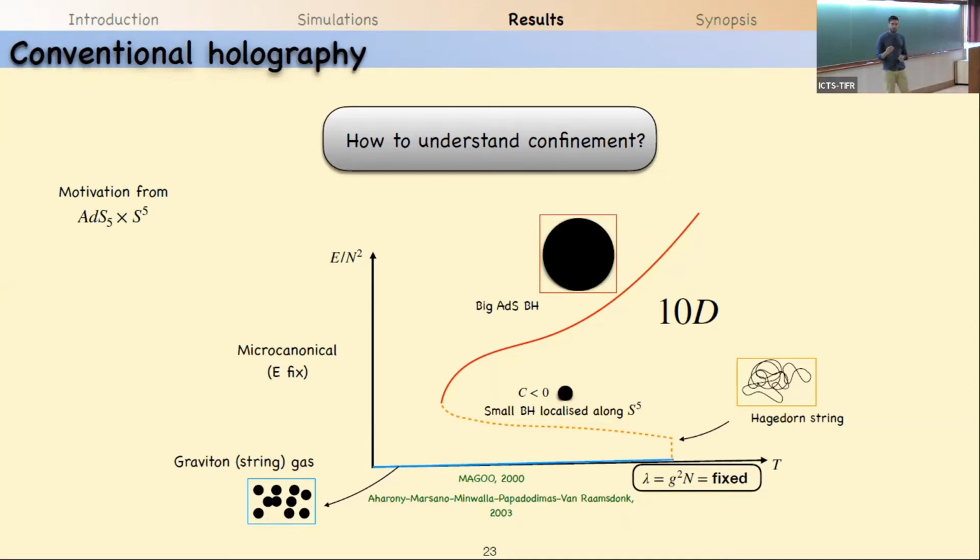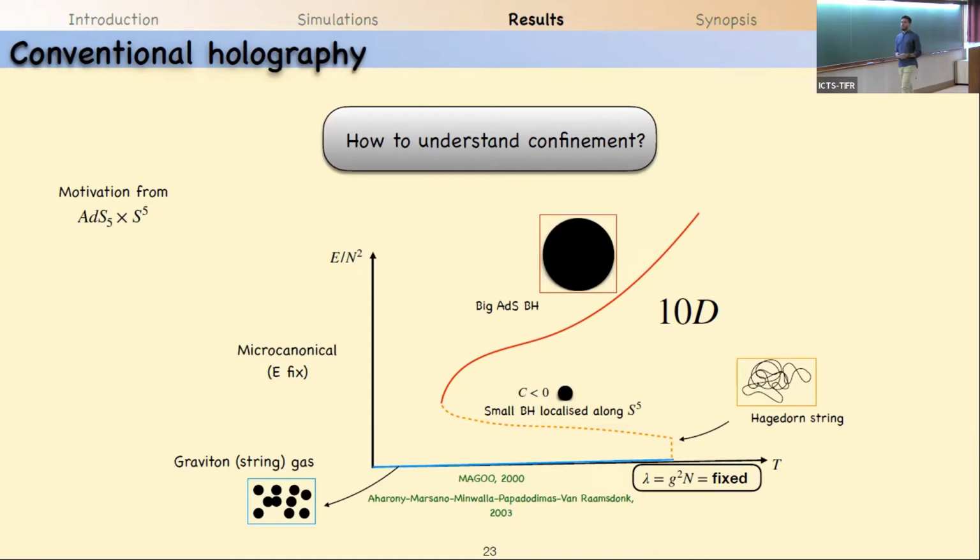As I lower the energies, there is a transition where I have a small black hole localized on S5, which has negative specific heat. Then I have a Hagedorn transition, as Denjo explained, and at even lower energies, I have a graviton gas, which is spread in AdS.